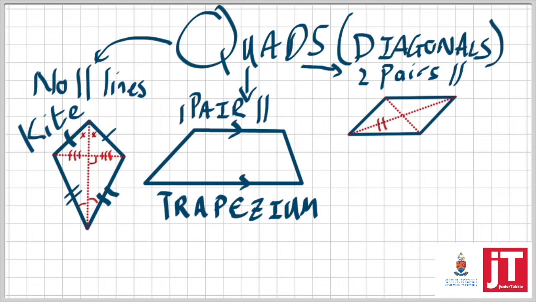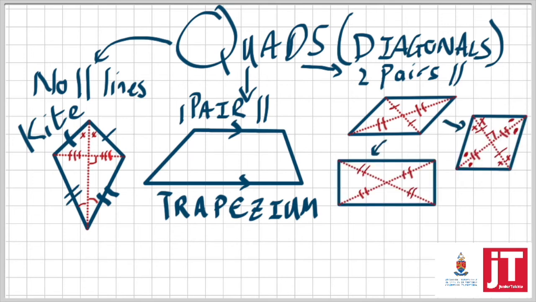First of all, when I look at a parallelogram, if I draw my diagonal, the diagonals bisect each other. That's the only additional property that parallelograms have. Remember, it also has all the properties on the previous slide, but specifically in this slide, what is added on extra is just that the diagonals bisect one another.